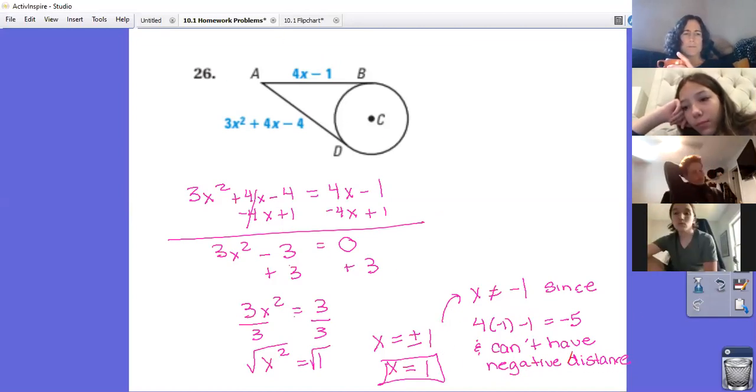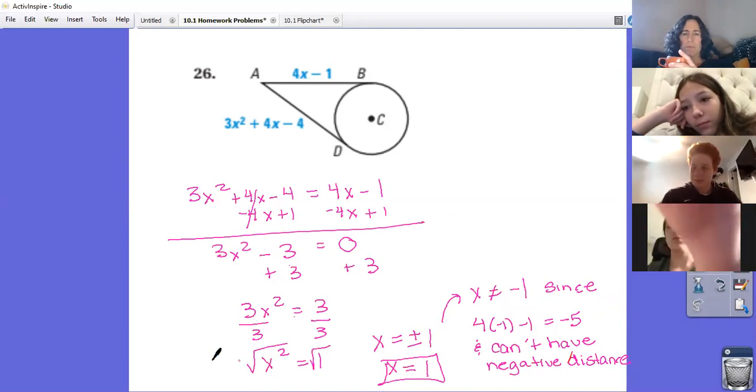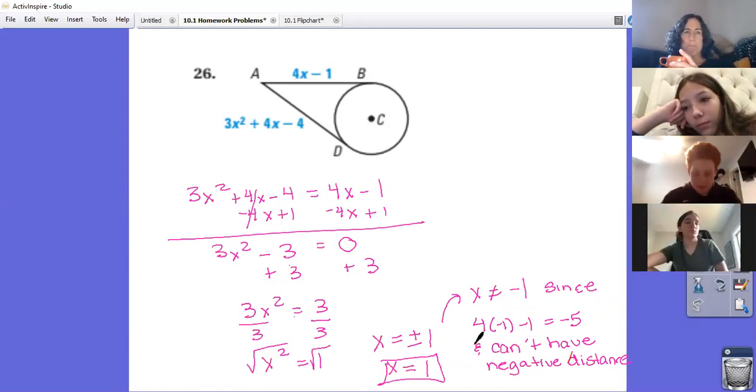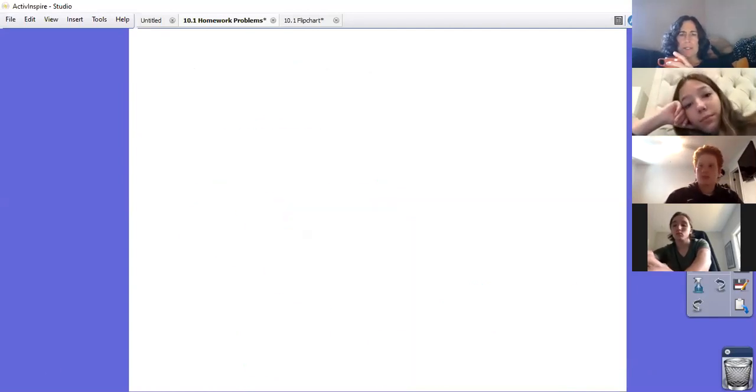Why is the answer 1 and not square root of 1? Because the square root of 1 is 1, positive and -1. But you can't use -1 because when you plug it in for x, you get a negative distance. So you can't have that. I think that was it.